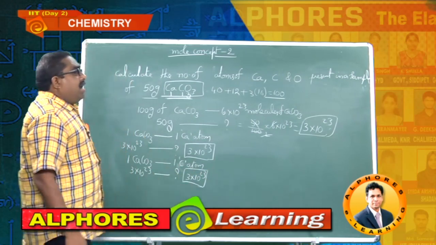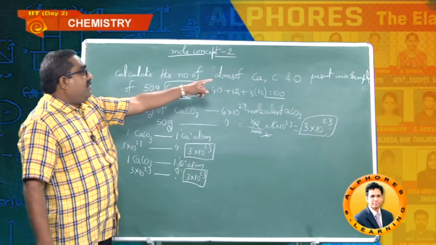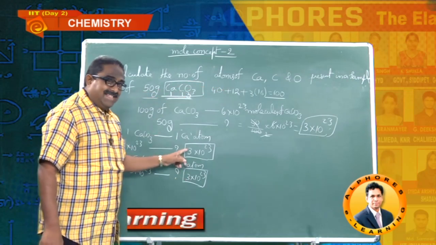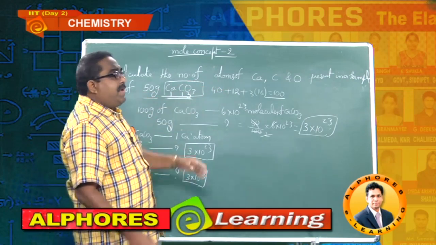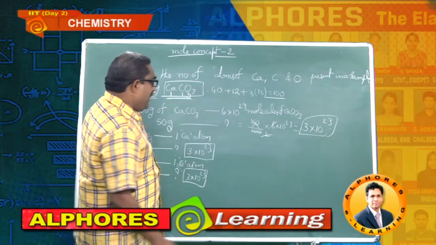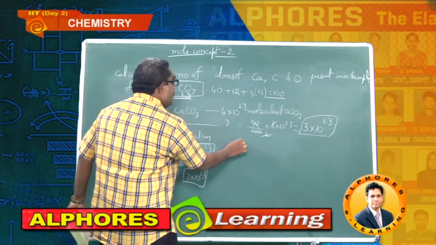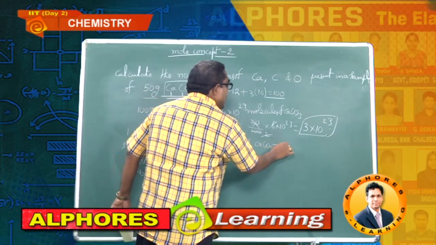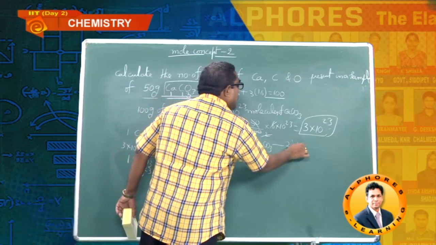Now I have the number of carbon atoms as well as calcium atoms. And coming to the calculation of oxygen atoms, each CaCO3 contains 3 oxygen atoms.